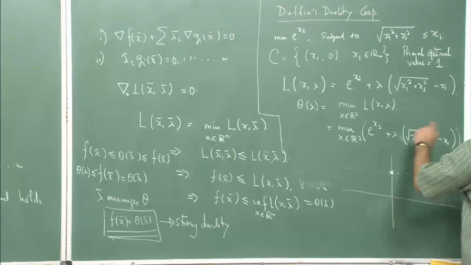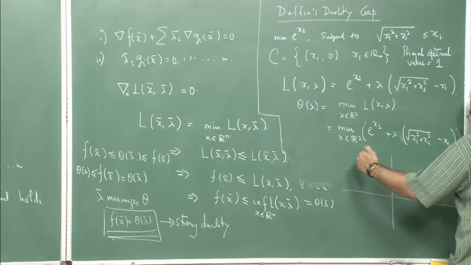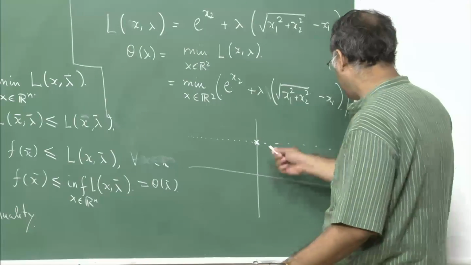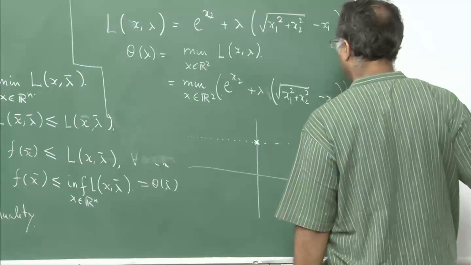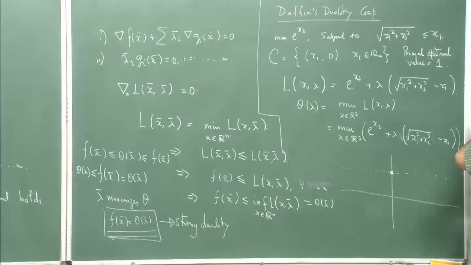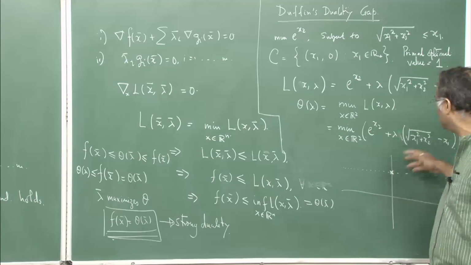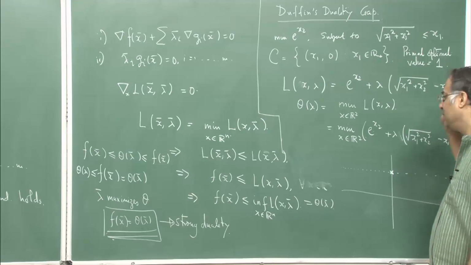Now, look at this, when x2 is fixed, as I increase my value of x1, as I make x1 go to infinity, bigger and bigger, the difference between this and this continuously decreases, that is x2 gets fixed and x1 becomes so large that it dominates, so the value of this is almost the same as this.